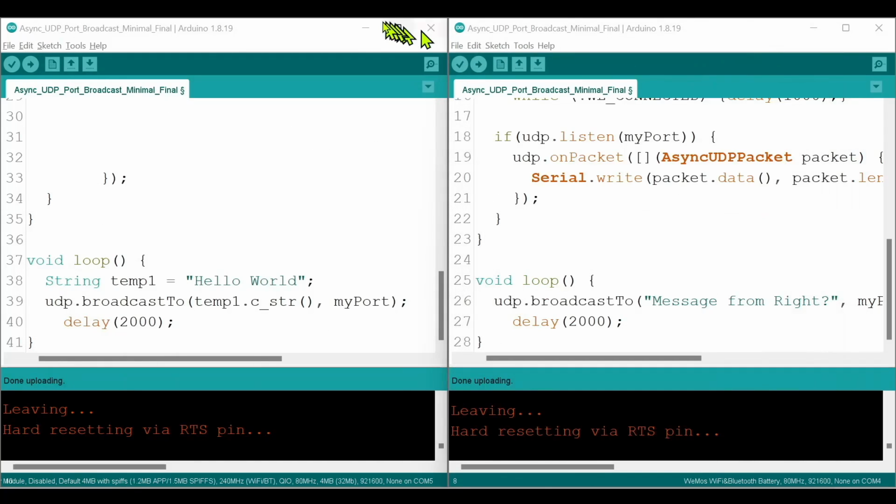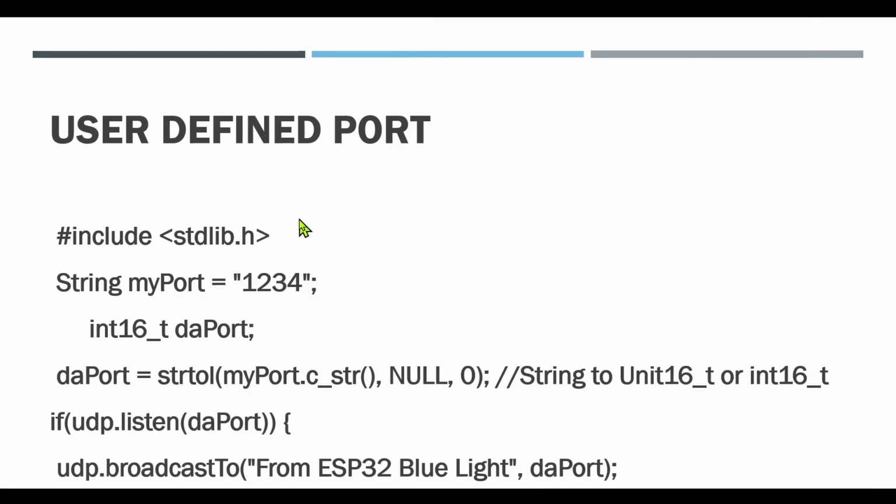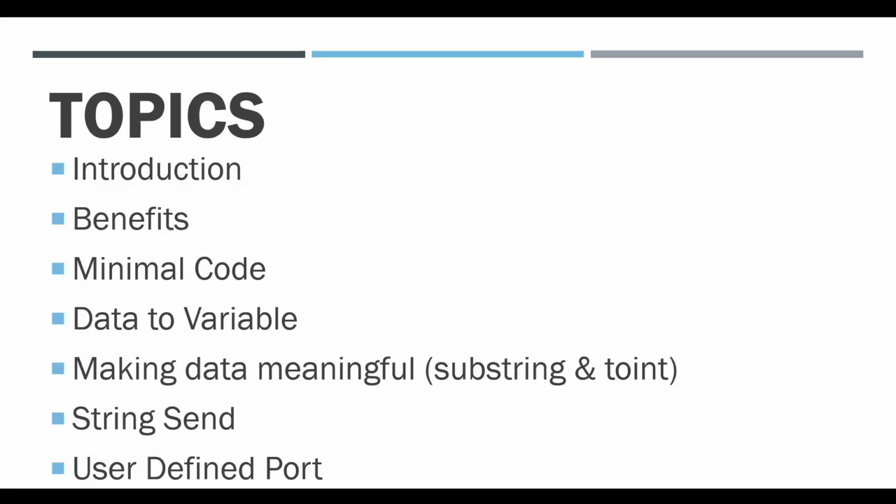So what I did was I searched and found this code to convert this string or the integer into this int16. So if it's working, you may not need this code, but I have displayed it just in case someone needs it. So I think this was it about UDP.